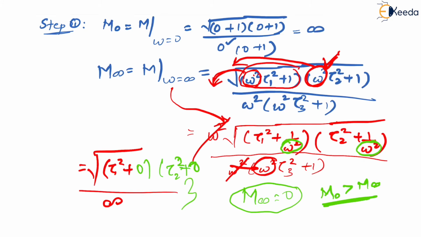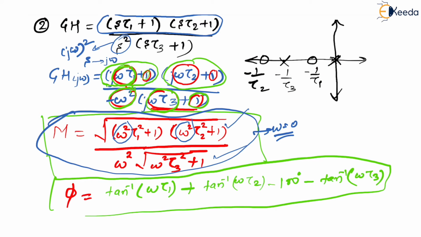Now step 2. In step 2 we find phi 0 and phi infinity. If you think of phi 0, phi 0 is what? It is the angle at omega equal to 0. How much is the angle? If you just replace everything by 0, you get tan inverse of 0 plus tan inverse of 0 minus 180 degrees minus tan inverse of 0.